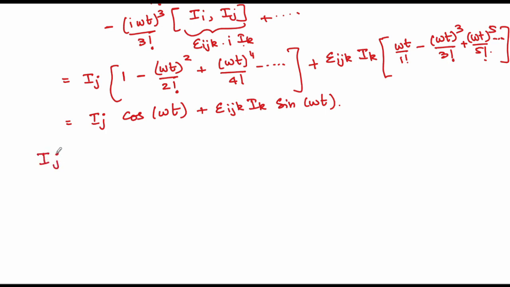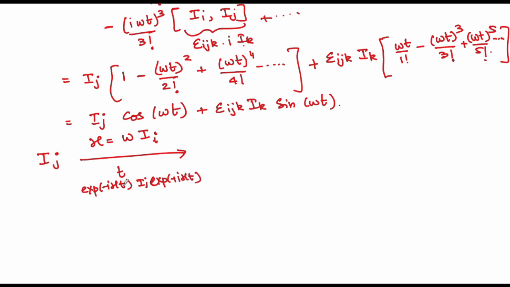So let me rewrite what we started with. We started with Ij, operating with a Hamiltonian given by omega times I, where this omega could be anything, for a duration of t. Basically this results in exp minus Hamiltonian t times Ij exp plus i Hamiltonian t. Of course, in this case we are assuming the Hamiltonian is time independent, which it is.